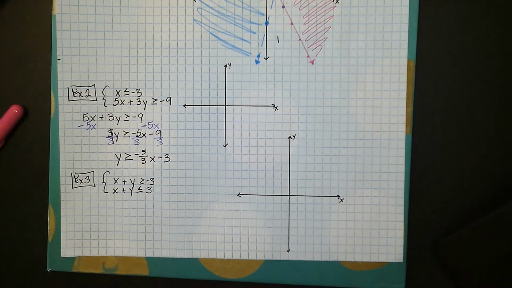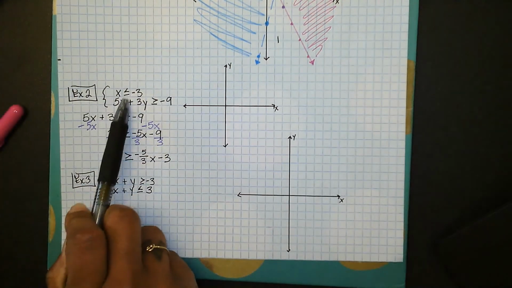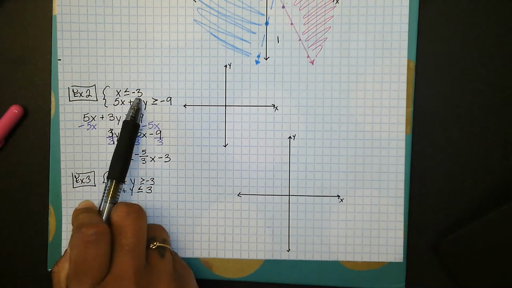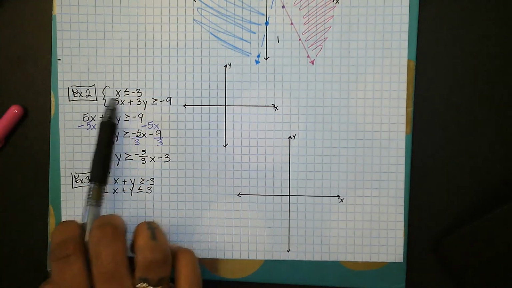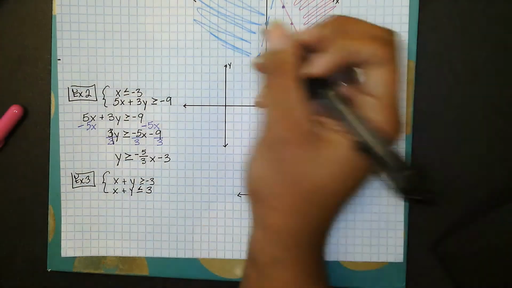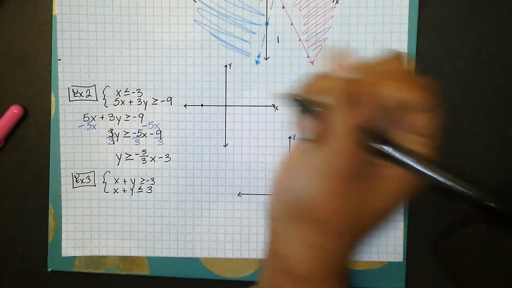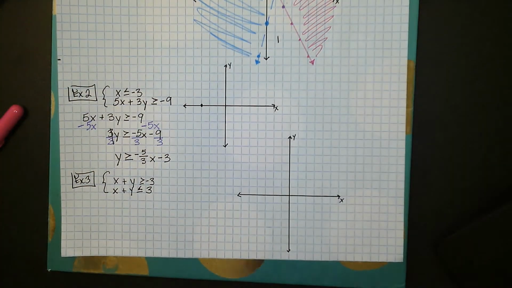So now we're able to graph both of our inequalities and determine our solution set. So the first inequality is x is less than or equal to -3. Because it's x and no y, that means it's going to be a vertical line through -3 on the x-axis.